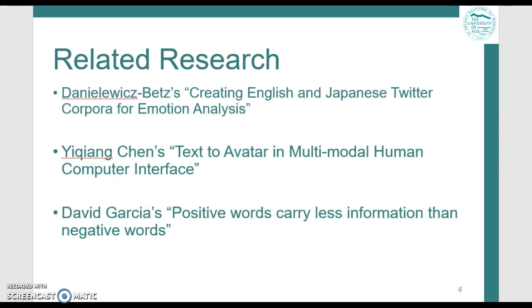There are some related researches. First is Daniel Weisberg's research, creating English and Japanese Twitter corpora for emotion analysis. It is a study about Twitter and human emotion analysis.